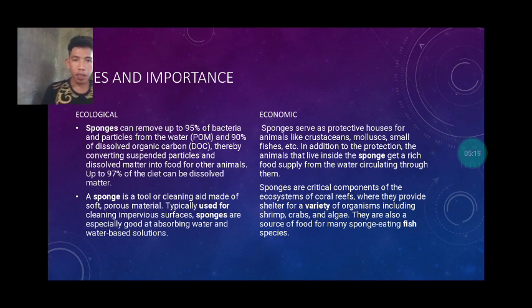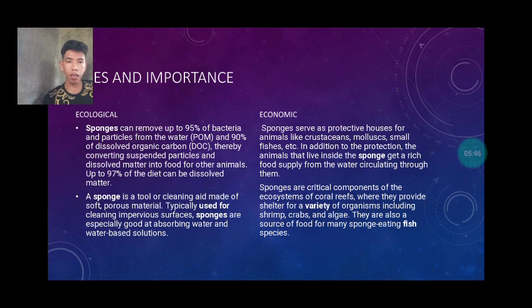Importance: sponges are important ecologically and economically. First, ecological. Sponges can remove up to 95% of bacteria and particles from the water and 90% of dissolved organic carbon, thereby converting suspended particles and dissolved matter into food for other animals.